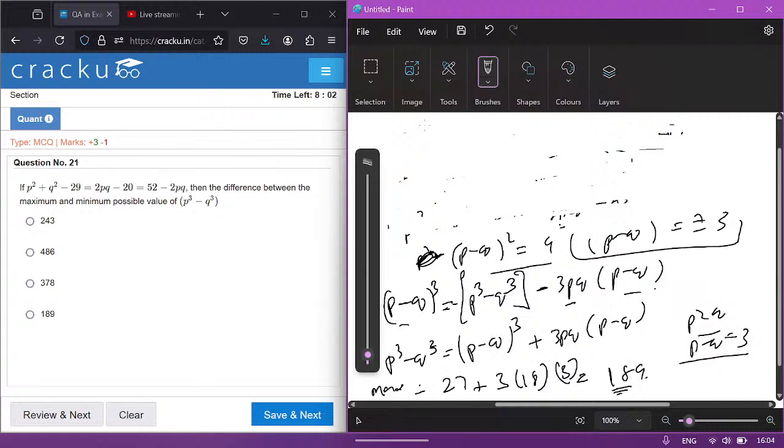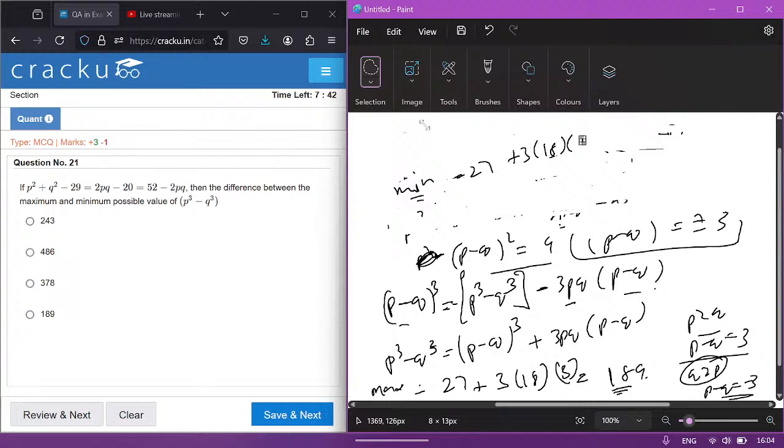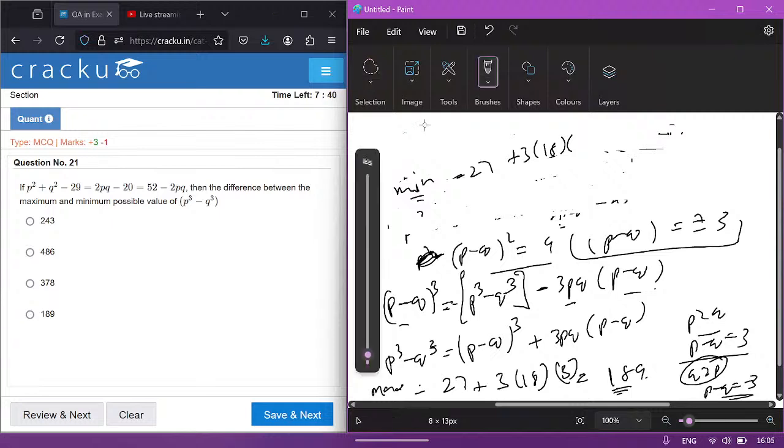And the minimum will be when q is greater than p, so the difference will be negative. So p minus q is minus 3. If we calculate the minimum, minus 3 cube will be minus 27, and plus 3 into 18 into minus 3.